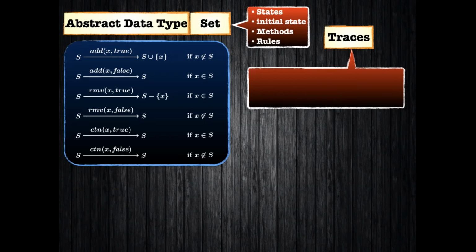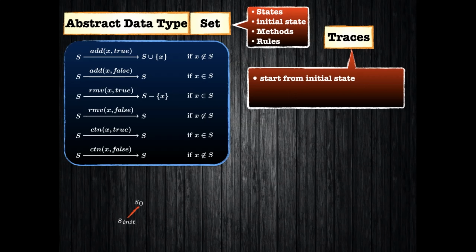So this is a trace, it's an informal definition. Start from the initial state. So for the case of a set, we know what the initial state is. This is defined by the abstract data type. If you have different initial states, you start with one of them. In this case, we have only one initial state, so I start from that initial state.